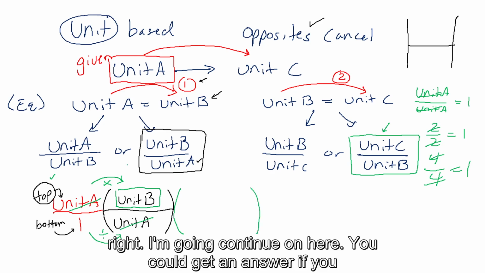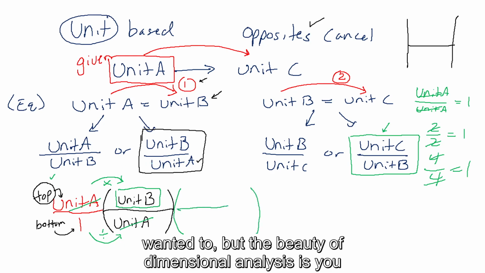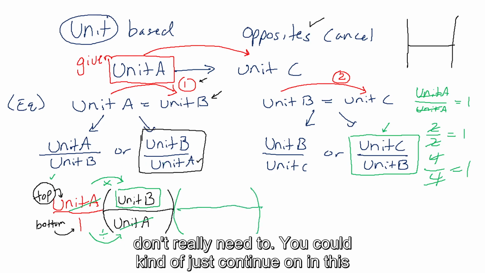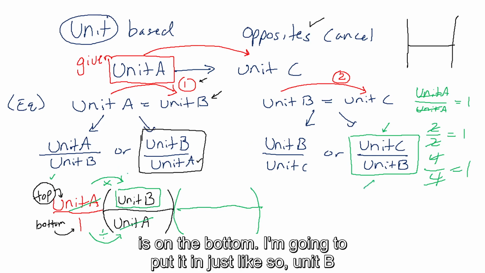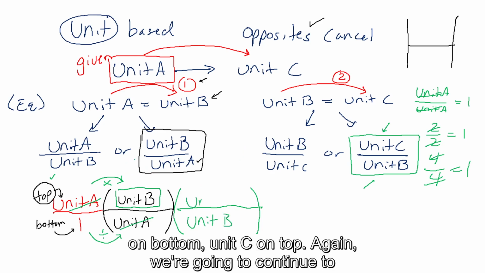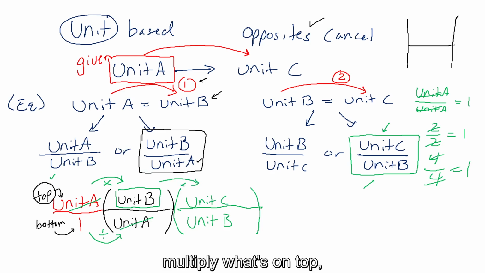You could get an answer if you wanted to, but the beauty of dimensional analysis is you don't really need to. You could just continue on in this case. So unit B is up on top. Unit B here, my conversion factor is on the bottom. I'm going to put it in just like so. Unit B on bottom, unit C on top. Again, we're going to continue to multiply what's on top.